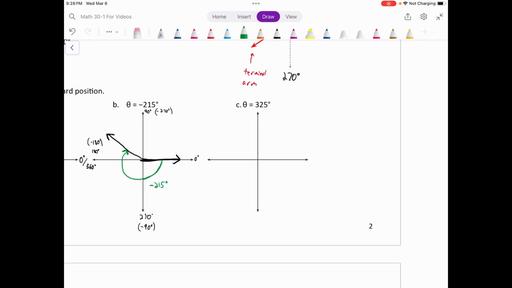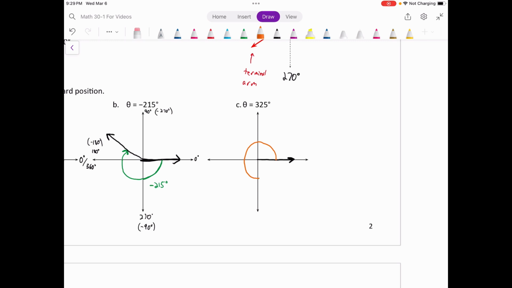Here's the next one, 325, positive. So I'm going to rotate counterclockwise from my initial arm. Starting at 0 degrees, I'm going to go past 90, past 180, even past 270, but not all the way to 360, right? We're stopping at 325.